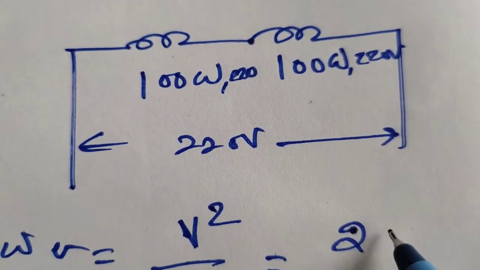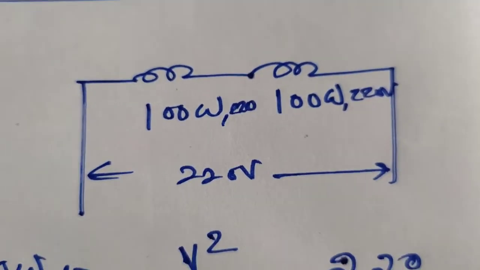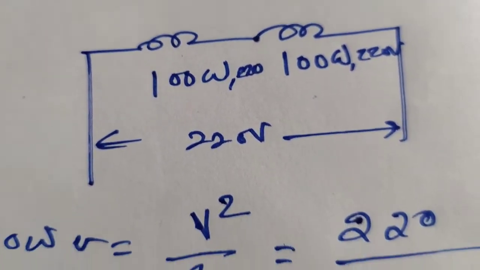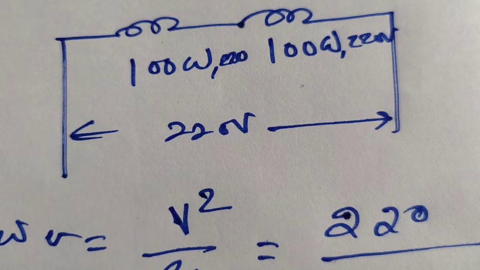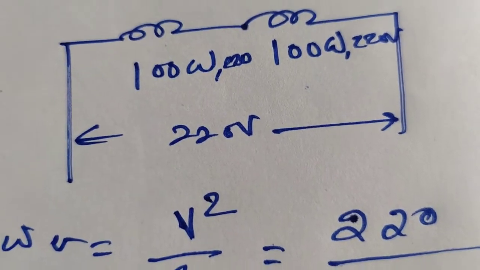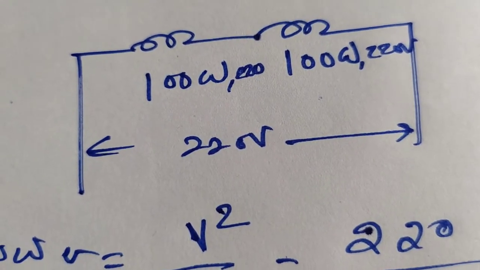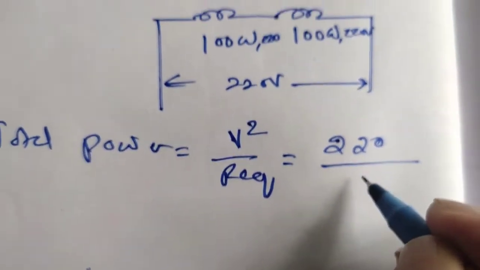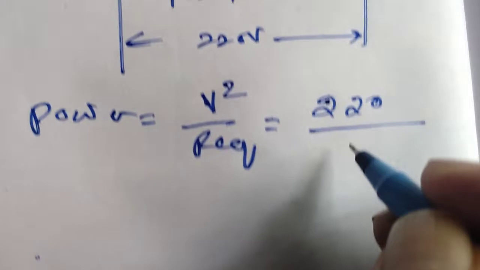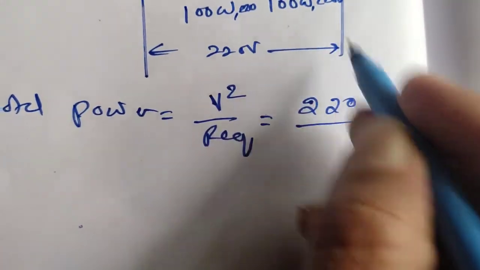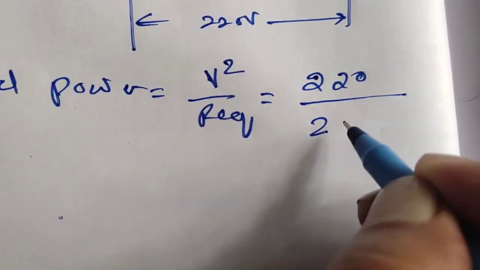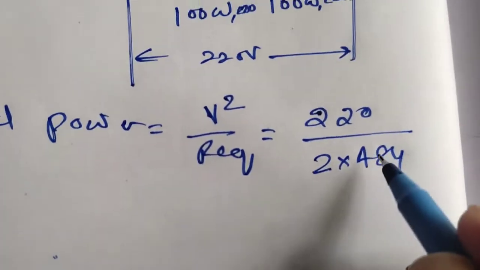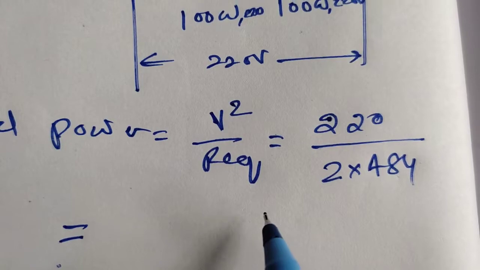So 220 squared divided by R equivalent. We know that R100 is equal to 484. So for two in series, it is 2 into 484.